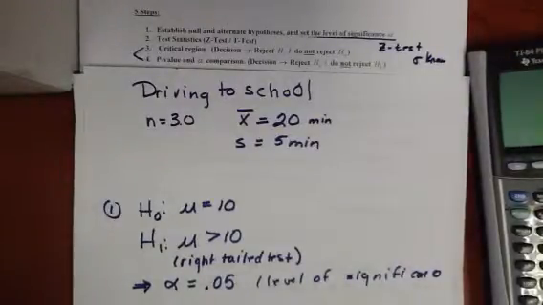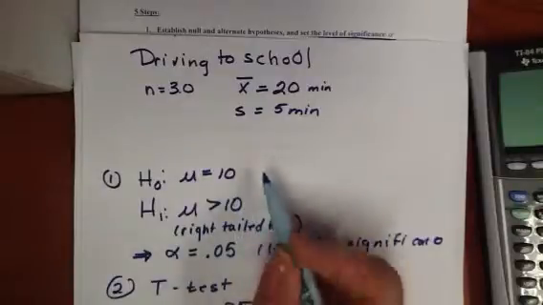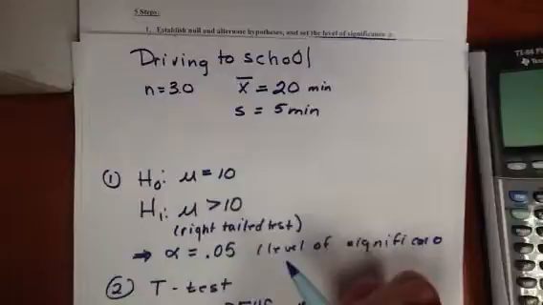So it's kind of like the court system. You're either guilty or not guilty, and if the jury finds you not guilty, that just means they didn't have enough evidence to prove you guilty. In the court system, we never prove anybody innocent because you're assumed to be innocent. Same thing is true in hypothesis testing. We assume the null. We never prove it. We just try to find enough statistical evidence to prove the alternative.